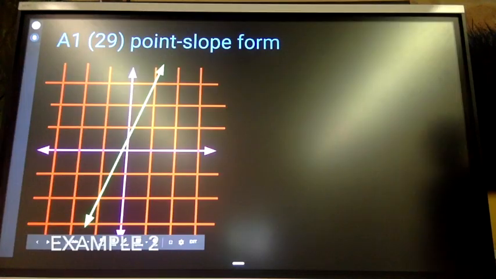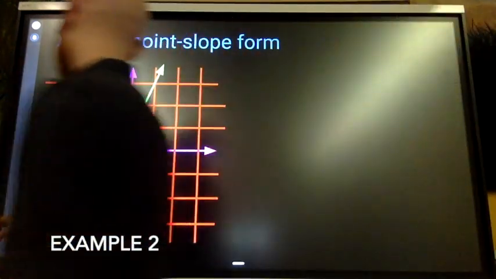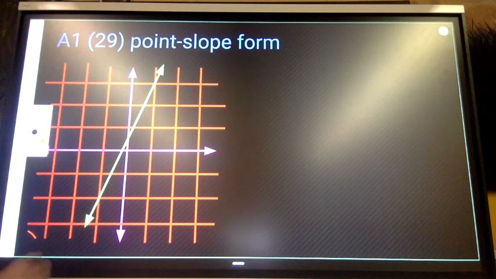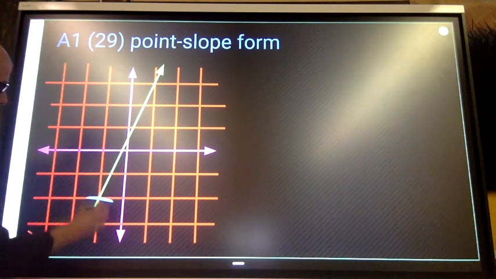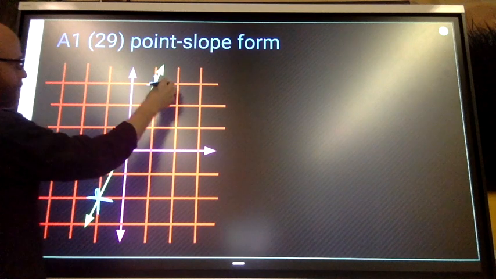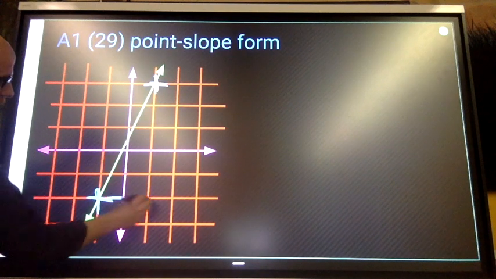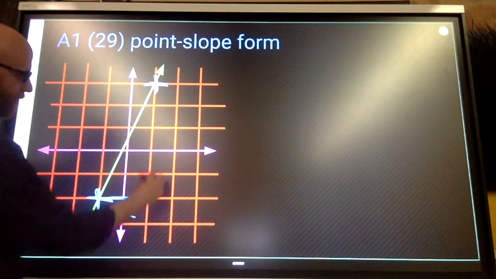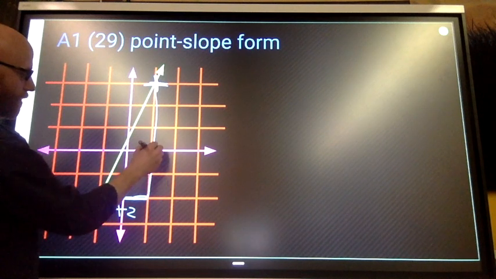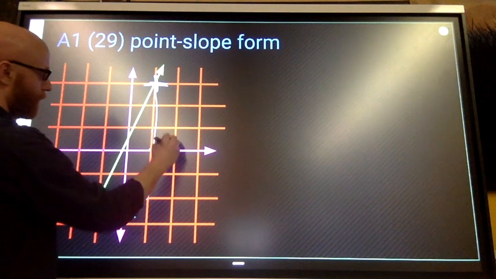If you don't have numbers on your graph, you're going to have to use counting techniques to find the slope, so it looks like we're going forward 2 and up 1, 2, 1, 2, 3, 4, 5.